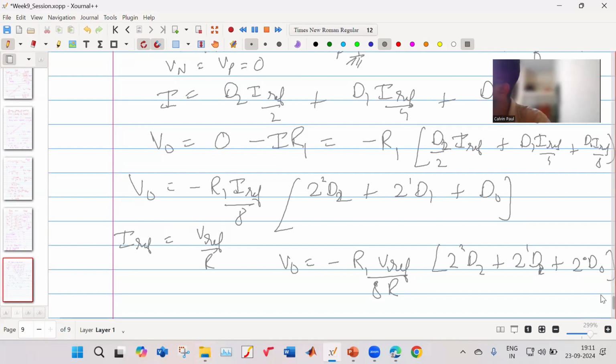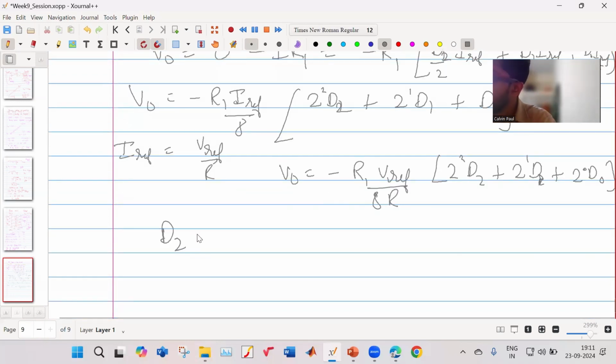So now let us put my D2 is equal to 1 and D0 is equal to 1 and my D1 is equal to 0. Then what will be my V output? Can you tell me?